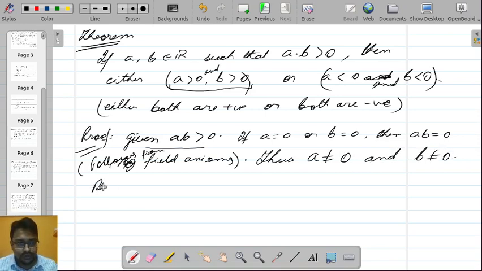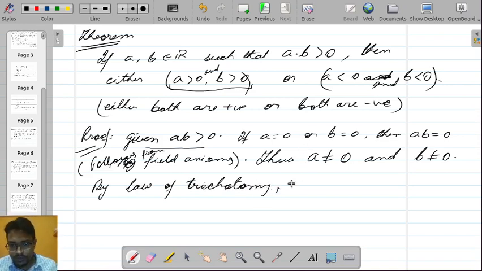So by law of trichotomy, A cannot be 0. Law of trichotomy says that either A is 0 or A is greater than 0 or A is less than 0. So by law of trichotomy, either A is less than 0 or A is greater than 0.